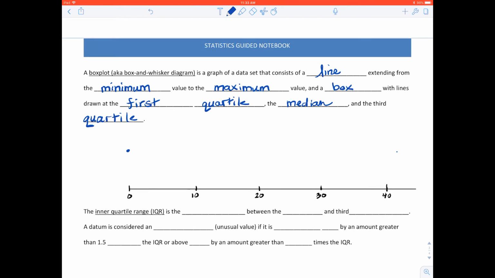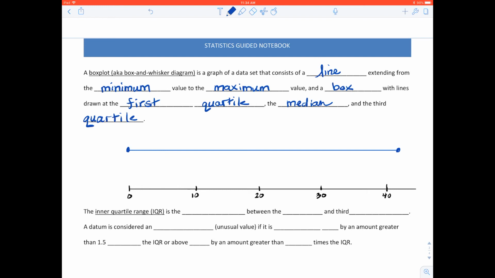And then you make a line. I'll redo my dots here. Make it prettiest as we can. All right. Good so far? So those are the whiskers.